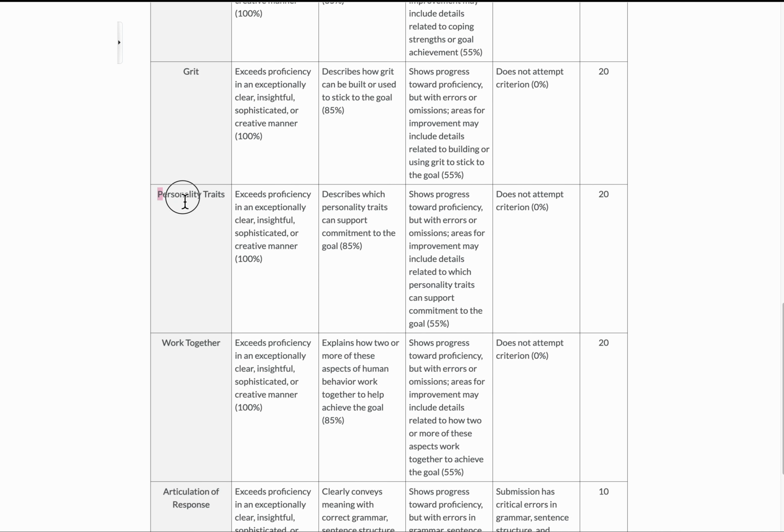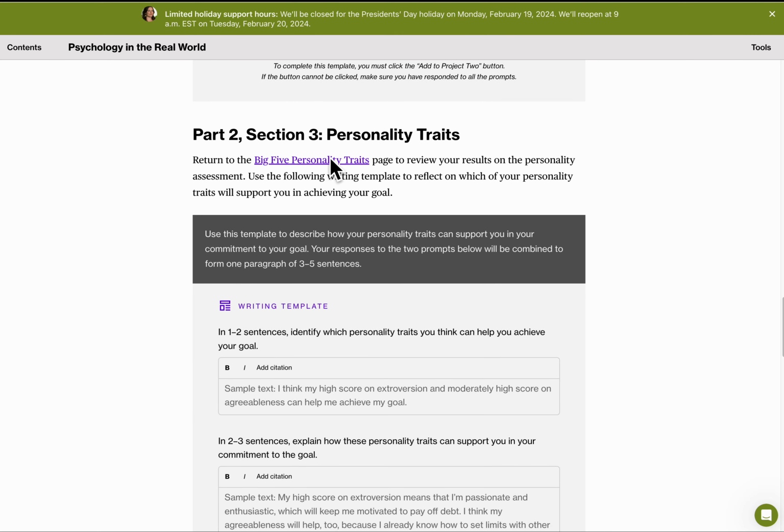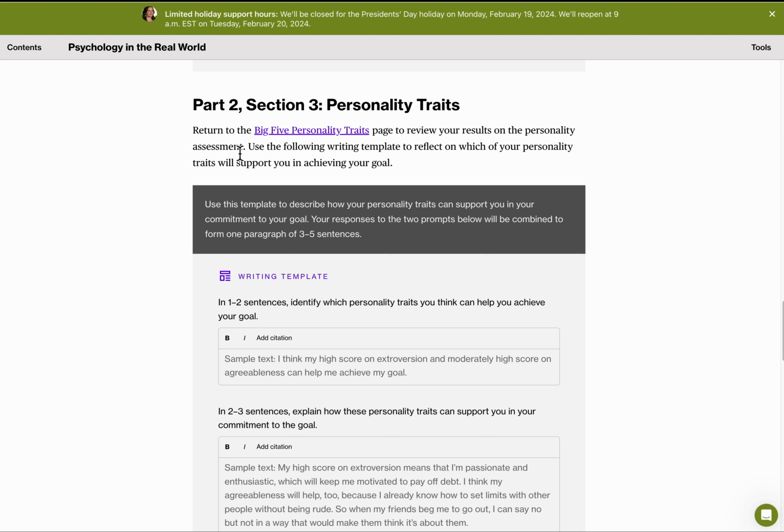For the personality traits, critical element, just note that this is talking about the big 5 personality traits. So make sure that you return to that. And if you click on this, it will take you right back to that page. Just make sure that you're talking about one of the big 5 personality traits.